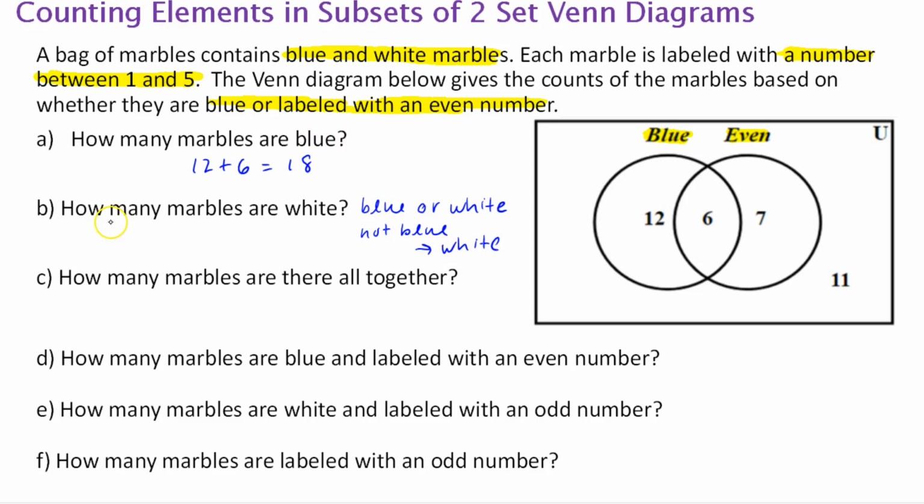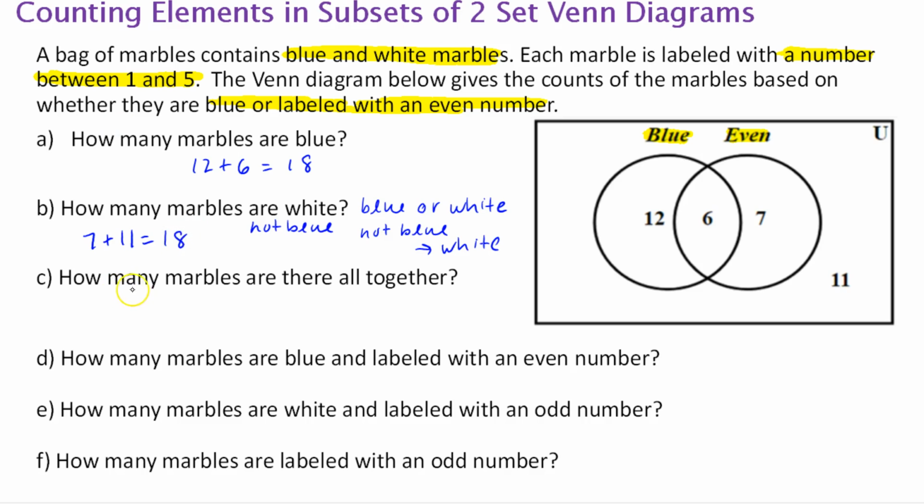So how many marbles are white is equivalent to saying how many marbles are not blue. That would be outside of the blue circle. So these marbles aren't blue, they would be white, and also these ones. It's easy to forget this down here. So we have 7 plus 11, which is also 18.